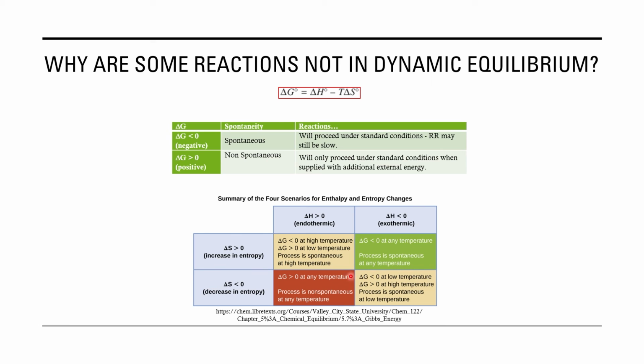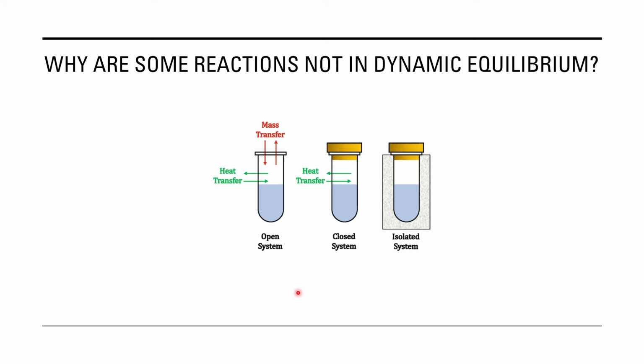We may also know just by doing some qualitative tests that if we have an endothermic process that decreases in entropy, that reaction is probably not going to be spontaneous, and that may explain why it cannot form a dynamic equilibrium. But these are all concepts that we can revisit from Module 4, and we might do a little bit of that in class.